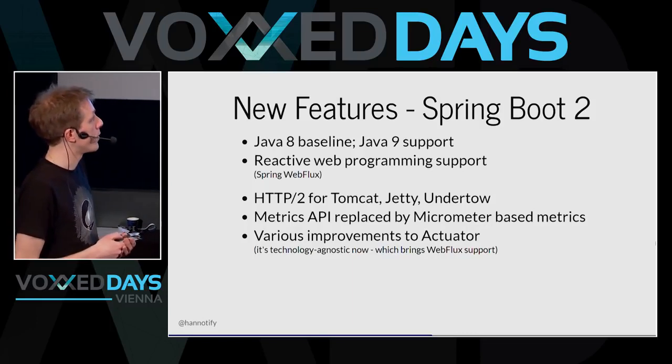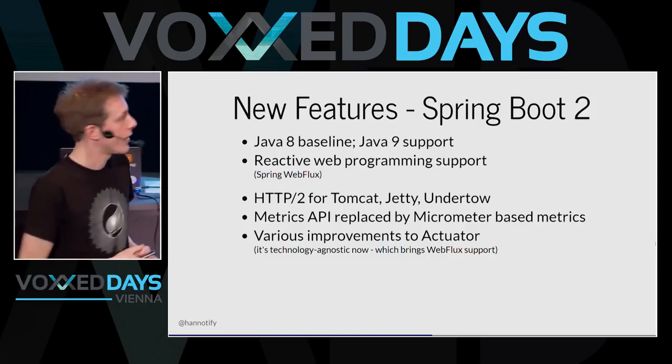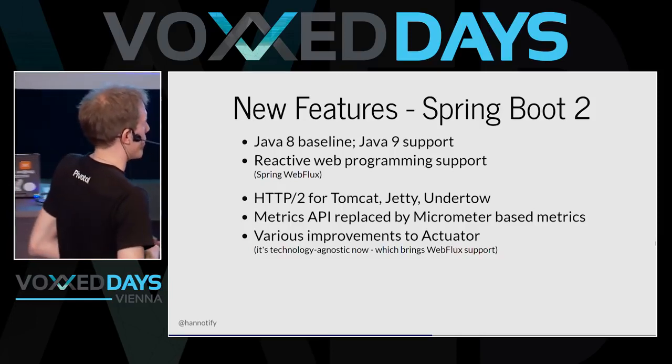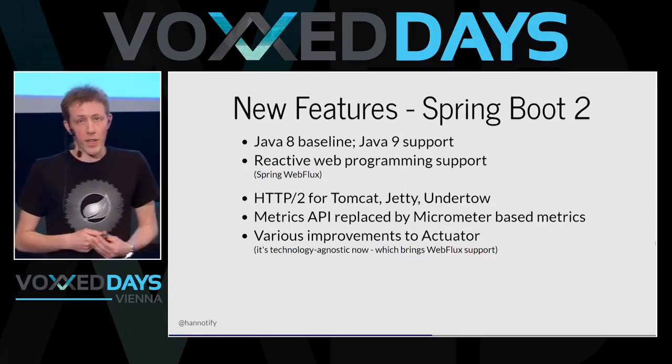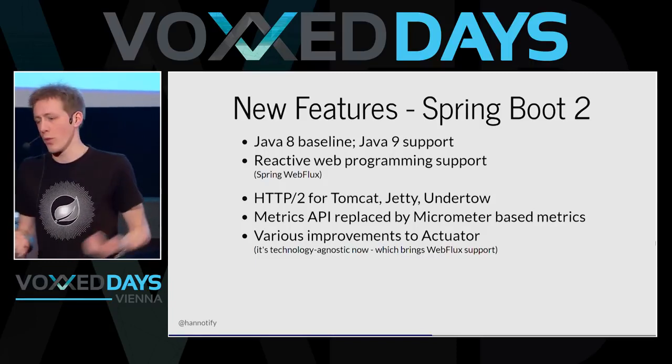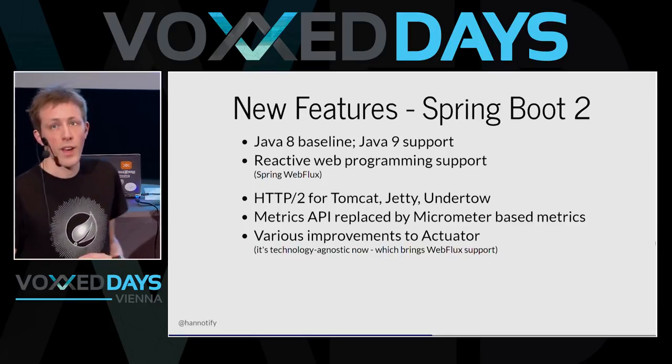This has been improved greatly because it was very much tailored to Spring MVC. The Spring people write that it's technology agnostic now, so it can be used also with other Spring components, like for example WebFlux. So it's not tied to MVC anymore.